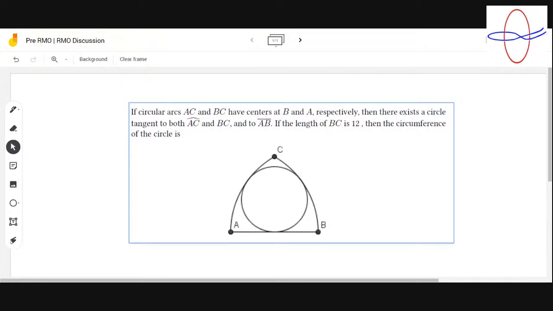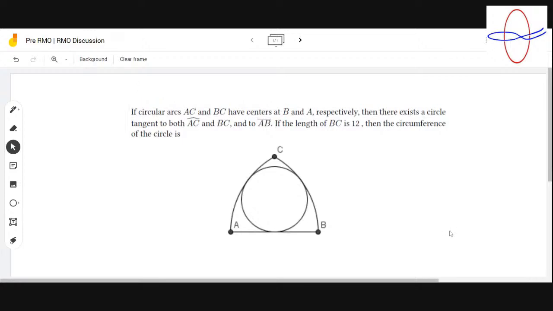All of you can see the problem, guys. Very good. So let's start and discuss together, okay?